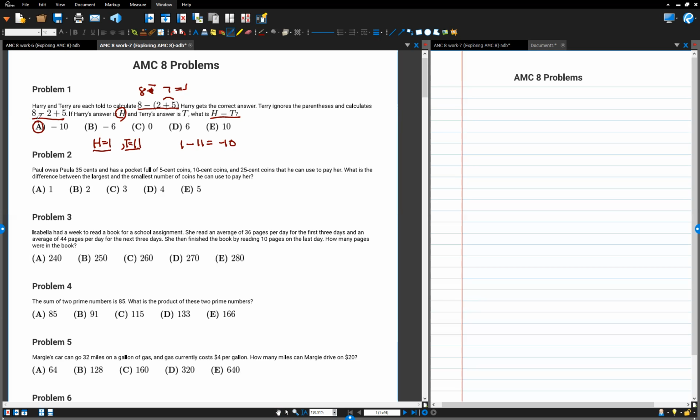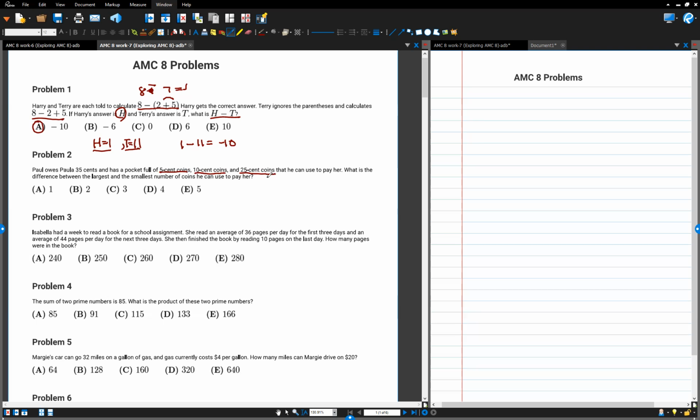Okay, everybody try number 2, okay? Paul owes 35 cents and has a basket full of 5-cent coins, 10-cent coins, and 25-cent coins he can use to pay her.